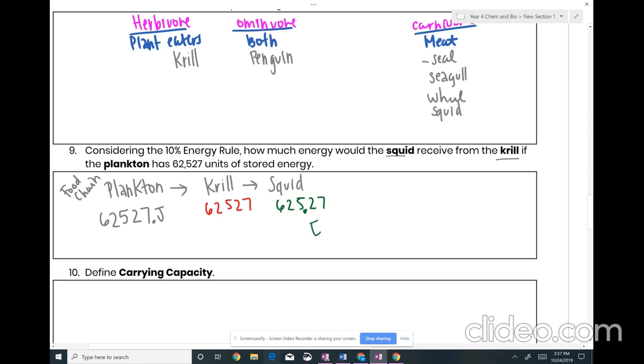Oh, shoot, I deleted the decimal point. My bad. Of energy in krill. Right, so that would be the amount of energy in krill, and that's what the squid would receive.